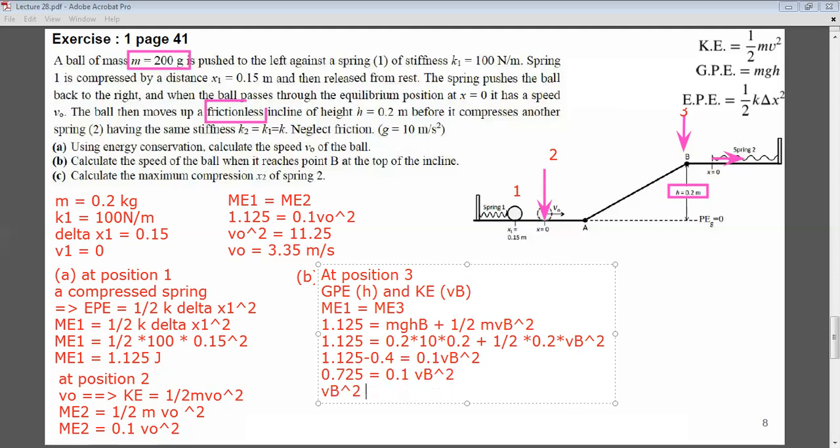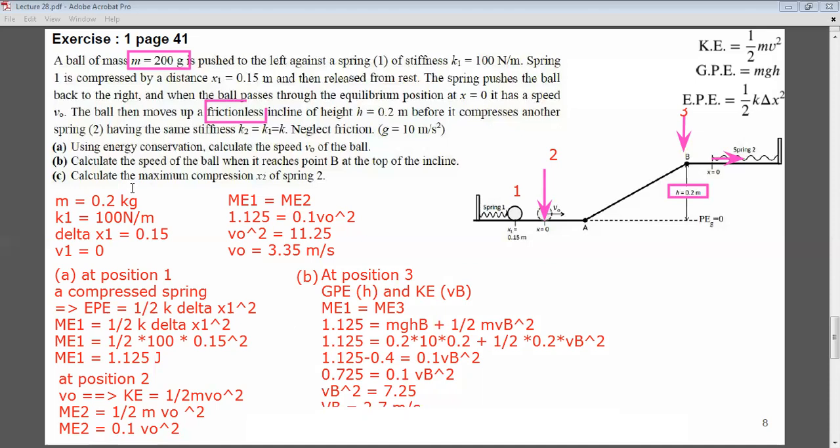VB squared will be equal to 0.725 divided by 0.1. This is 7.25. This gives me VB equal to square root of 7.25, and that's 2.7 meter per second. Okay, this is part B.